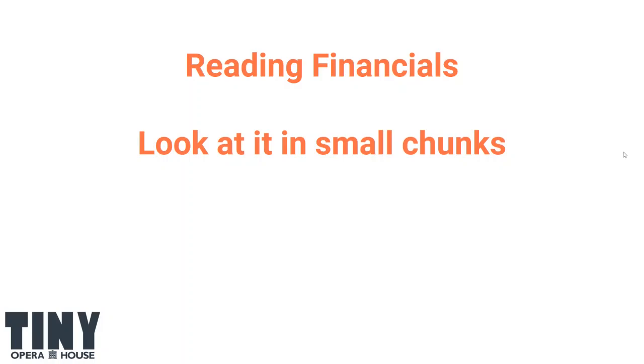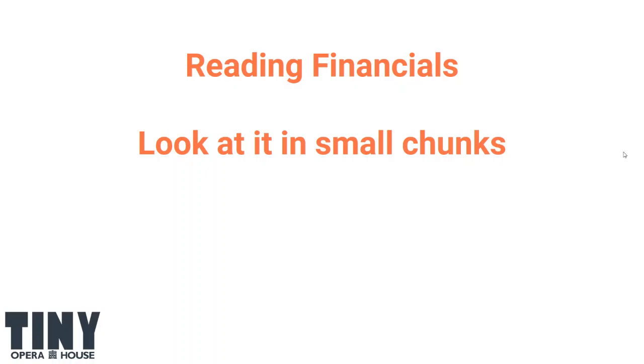Just like that slide in the beginning with the 1,000 numbers, it's sort of terrifying. The way, especially when you're starting out, is breaking things down and looking at a small piece at a time. If you look at a financial statement with 60 lines on it, it's hard to digest all that information at once.